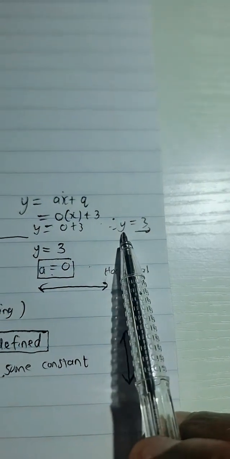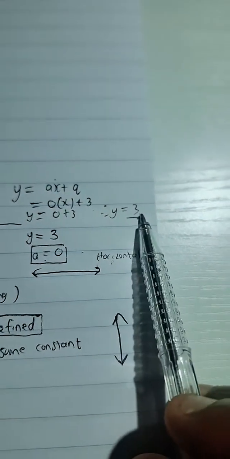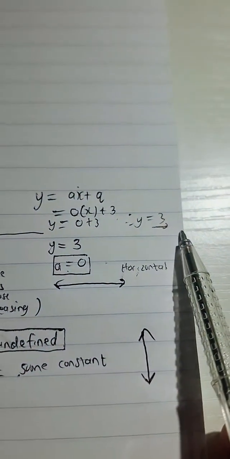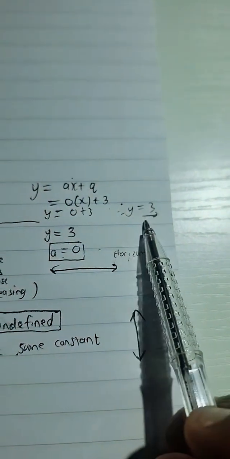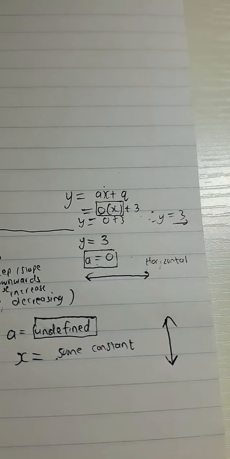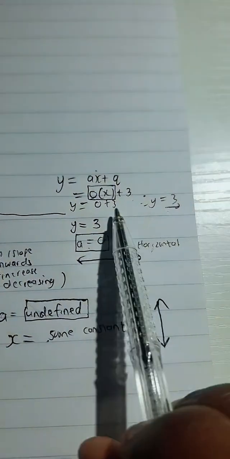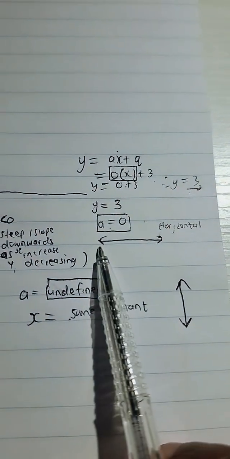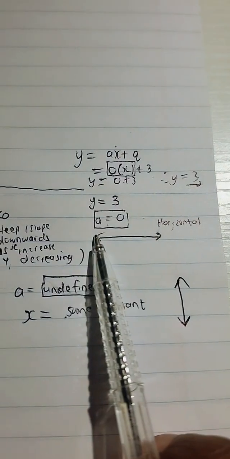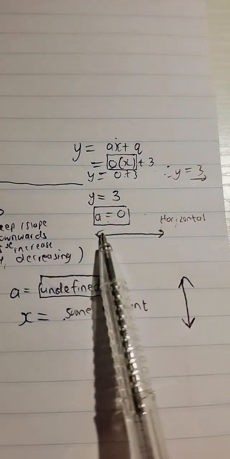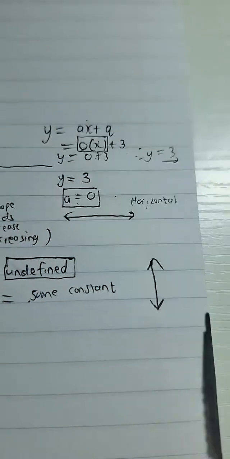When you have y is equal to only a constant, meaning only the q value, what does that tell you about the gradient? It means that the gradient, we don't have it. It is nothing. In other words, it is 0. If the gradient is 0, then you will see the shape of your straight line function will not be increasing, it will not be decreasing, but it will be horizontal.